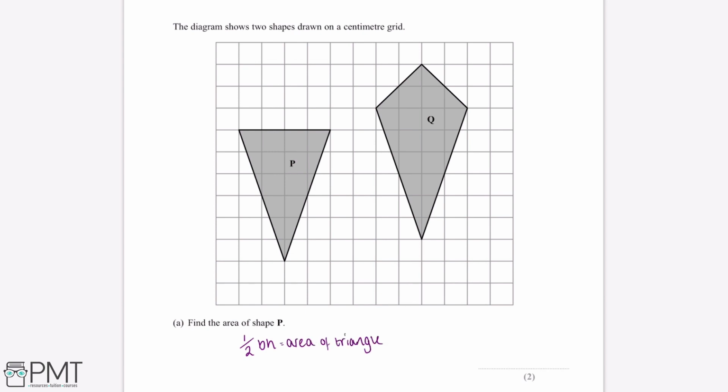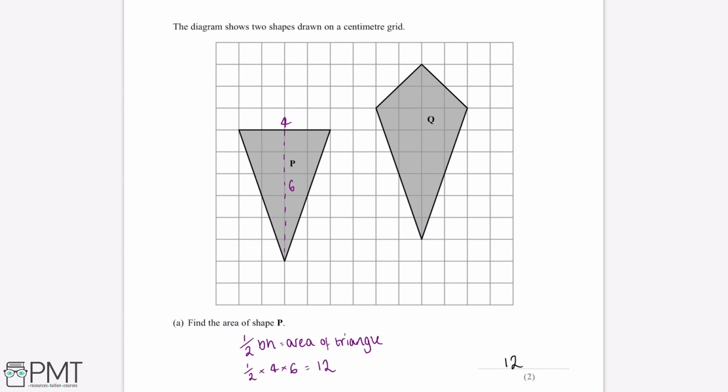So the base of this triangle will be this line here, and this is 4 squares long. And the height of the triangle is this line here, and this is 6 squares long. So if we substitute these numbers into this equation, a half multiplied by 4 multiplied by 6 will give us an answer of 12.